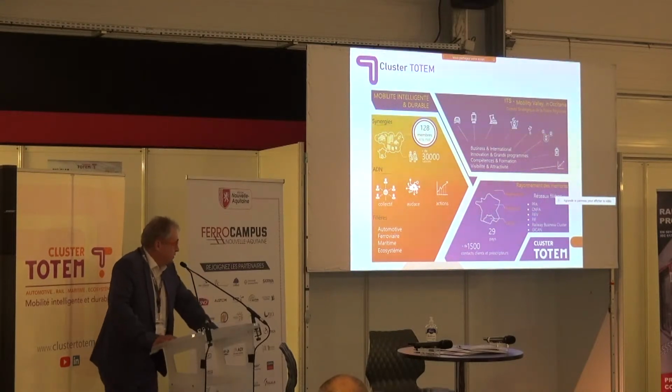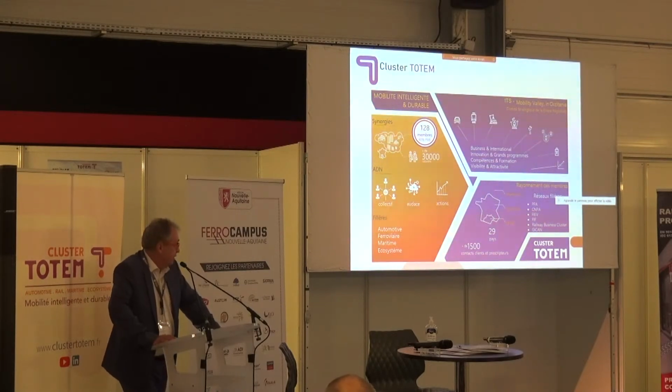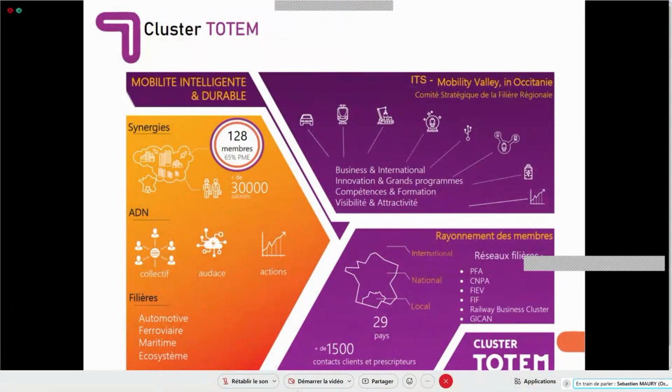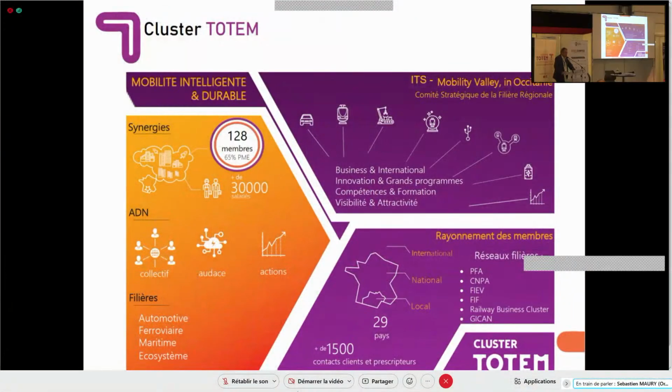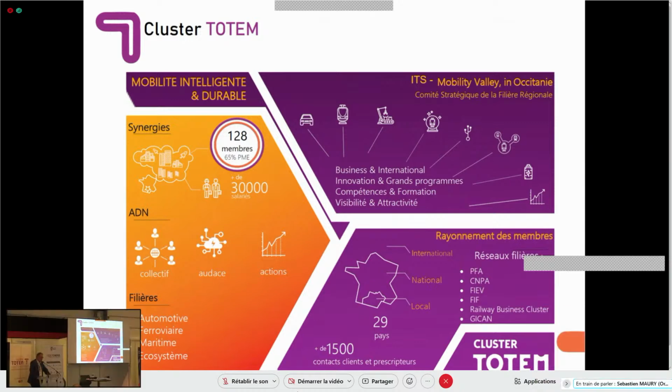We are members of several national federations by sectors, PFA, CNPA, FIF, Railway Industry, French Industry Federation. Globally, we have several main goals: business, of course, but also innovation, skills and training, and at the end, attractivity for the railway activities.